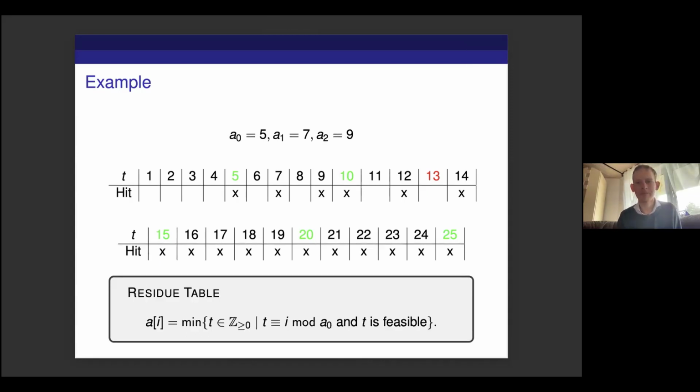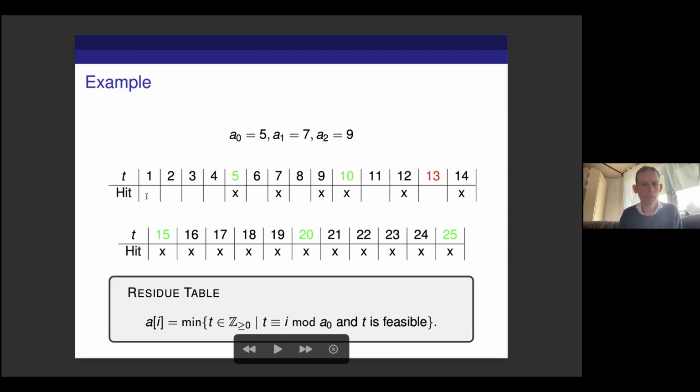Okay, and then there's a very natural generalization of both of the problems, which is to compute the so-called residue table. So we consider residue classes modulo A0. And for each residue class, we are interested in the minimum target value such that T is feasible.